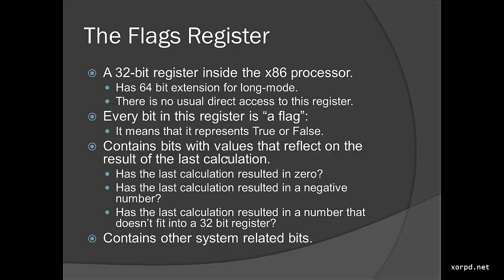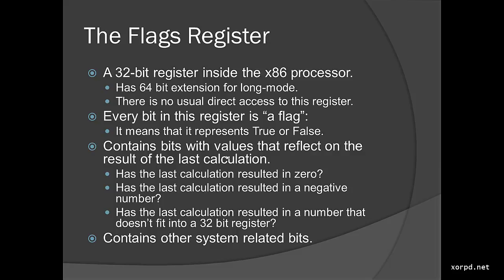I think that all the additional 32 bits are just reserved at this point. Another important thing is that there is no usual direct access to this register. That means that you can't really read it using the move instruction or assign it using the move instruction. You have to do other things to access this register.